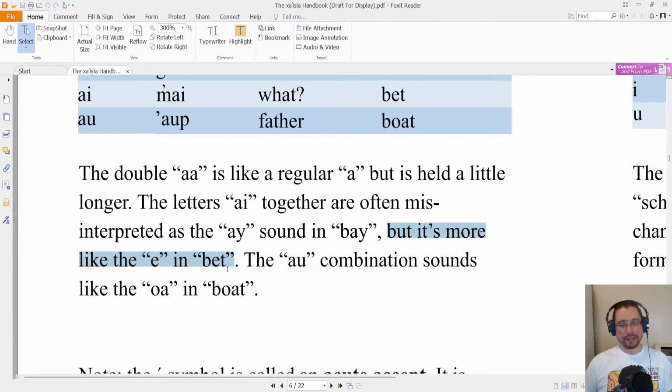The AU combination sounds like the O in boat, but not exactly. Aw is actually a lower sound. O is a higher sound. So that's the difference between AU and the O sound.